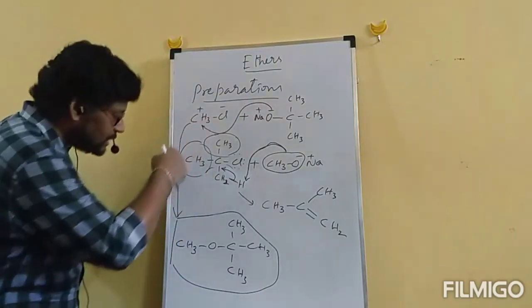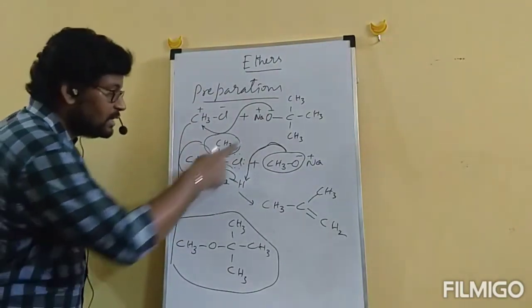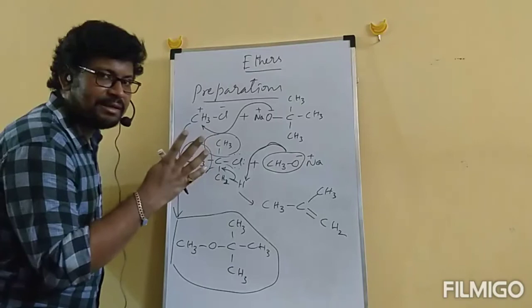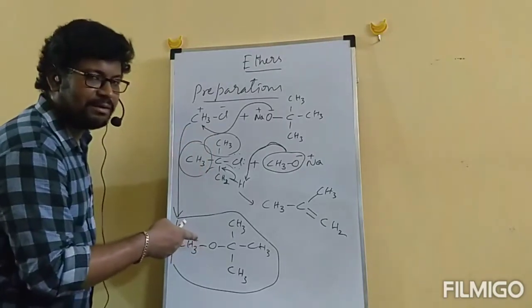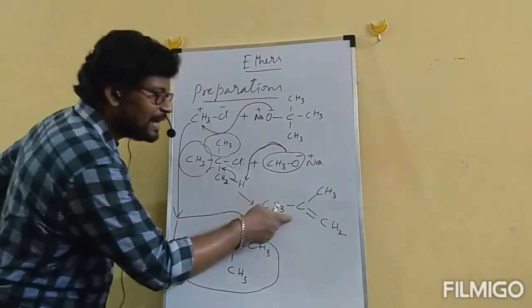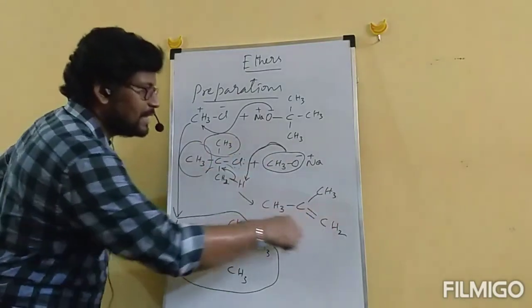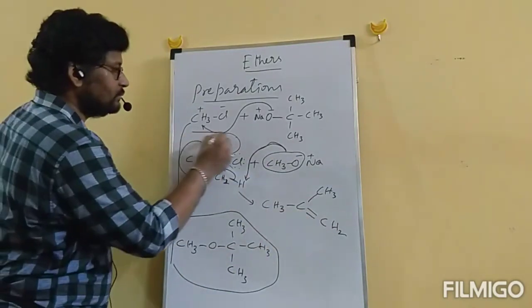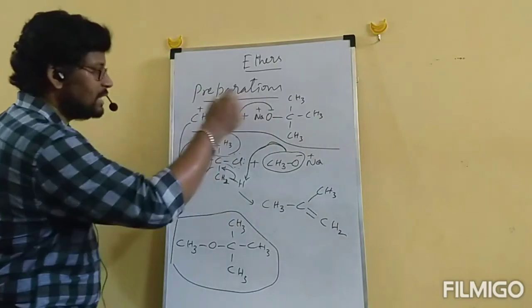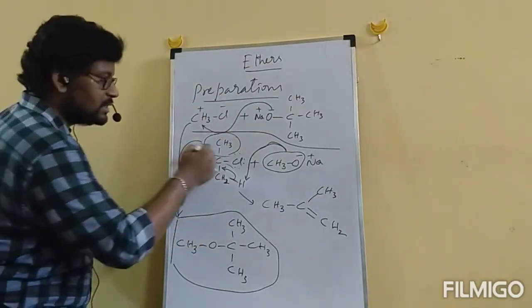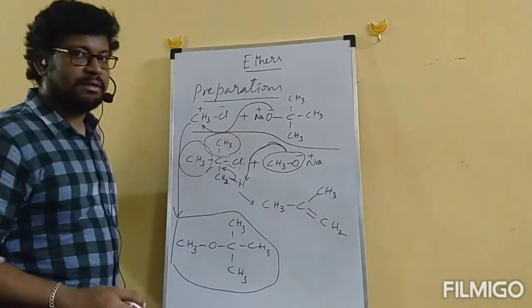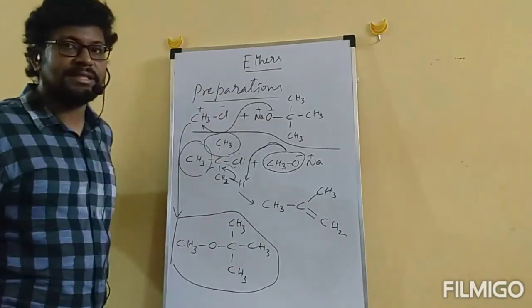In this way, our given product will be formed. In this way, we will not get the required product, that is ether. We will get alkene. So write these two reactions separately. This is one reaction to form this one, and this one will undergo reaction to form alkene. This is about Williamson's synthesis.